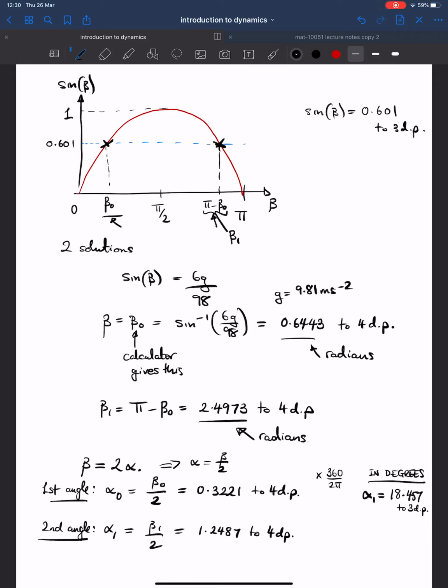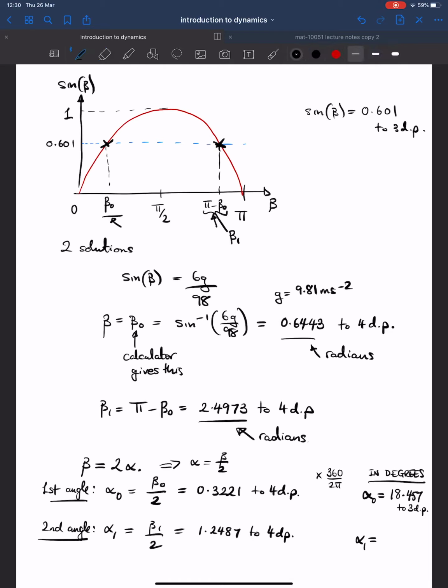The last one, what I need to do is just multiply by 360 and divide by 2 pi once more. And the last one, I get alpha 2. Sorry, alpha 1 and alpha 2, that's wrong. Alpha 0 and alpha 1.